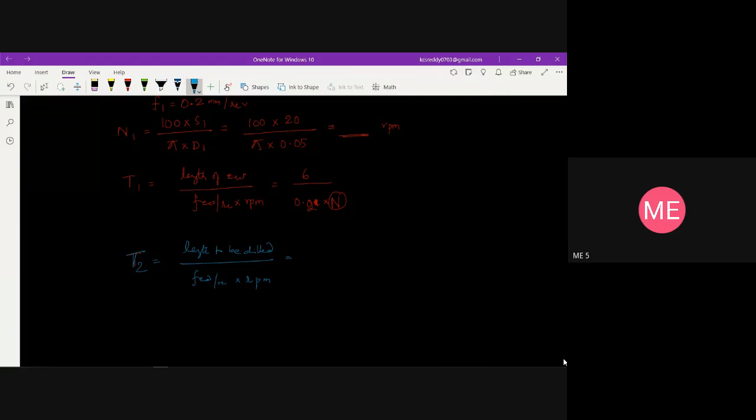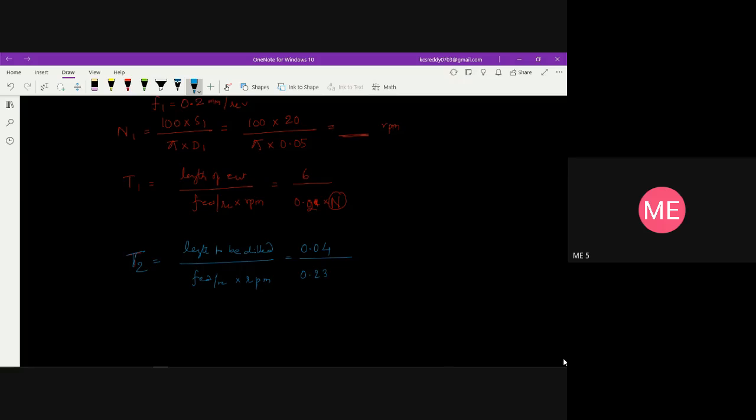The length of the drill is 40 mm, so it will be taken as 0.04 meter, divided by the feed per revolution, which for drilling is 0.23 mm per revolution.